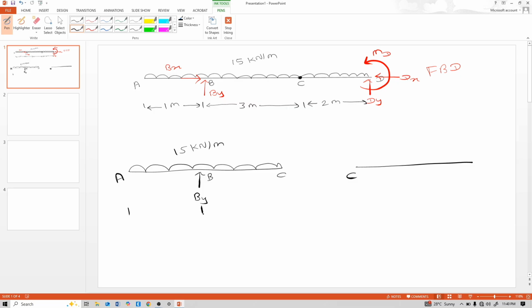This distance is 1 meter, and this distance is 3 meter. Now this CD portion also has this 15 kilonewton per meter, and distance is 2 meter.